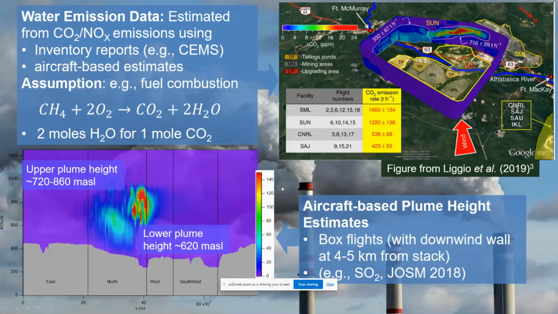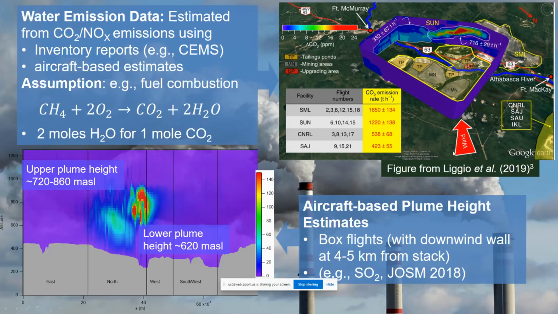So in order to be able to model the effects of water, we need input data for water emissions. Unfortunately, water is usually not directly measured by monitoring systems, and so we needed to derive an estimation for water emissions from emission rates for other species, either from inventory reports such as SEMS or from aircraft-based estimates.